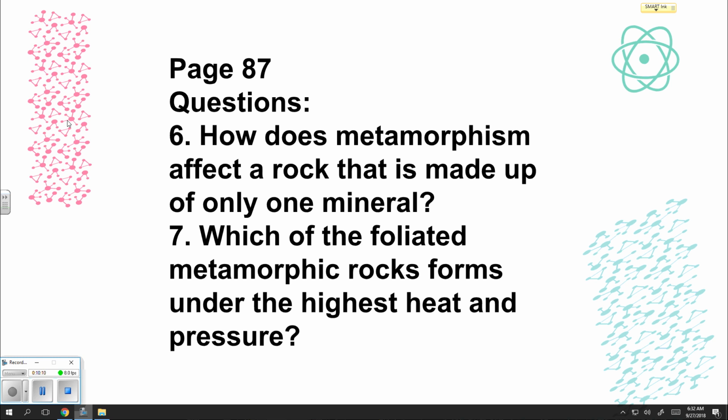Highlight: metamorphism causes the mineral crystals in the original rock to grow larger. Question 6. How does metamorphism affect a rock that is made up of only one mineral? It causes the mineral crystals to grow larger.